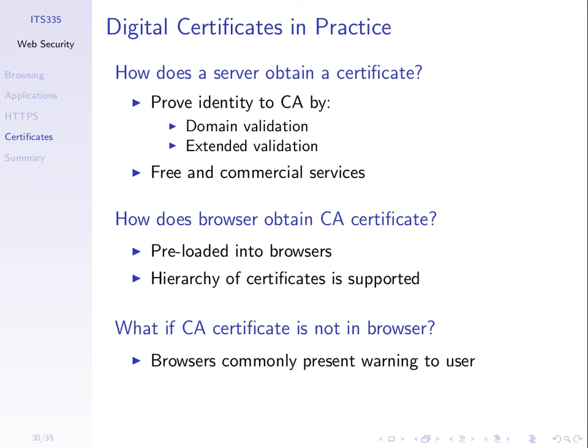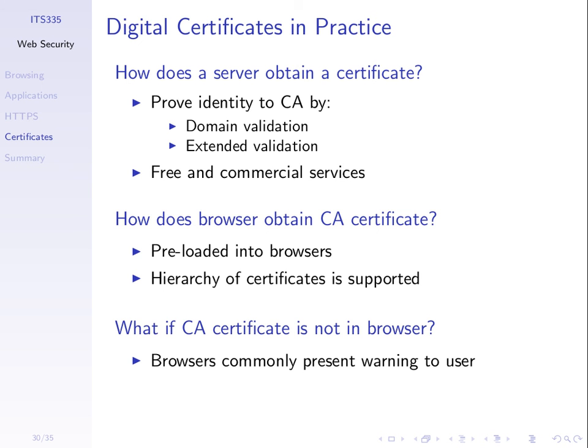And there are different types of proof or validation that the company does when they issue a certificate. Sometimes they just go through very simple steps. But sometimes they can go through an extended set of steps to truly prove or try to check who you are, and maybe issue a different type of certificate. And then there's domain and extended validation.